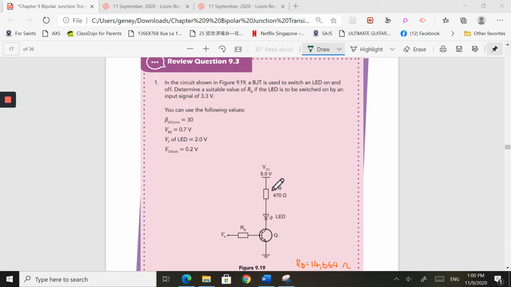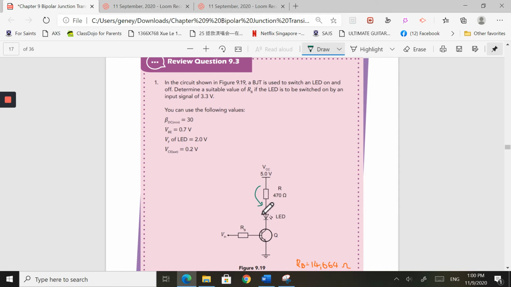So remember, Kirchhoff's voltage law, I'm going to start off with 5 volts here. And when I have 5 volts, every time it meets a component, in this case a resistor, there's going to be some voltage drop across here. So from 5 volts, some is going to drop.